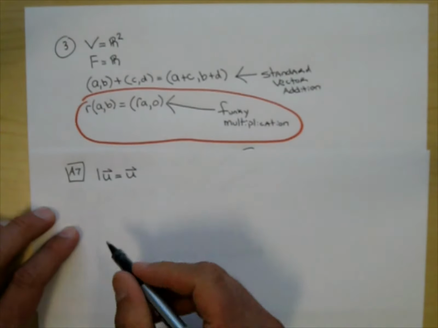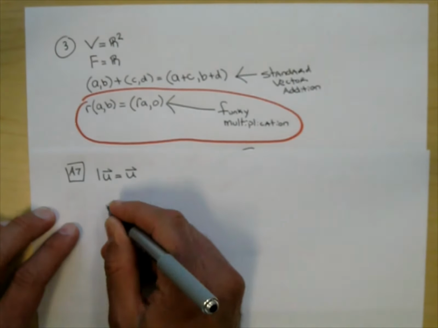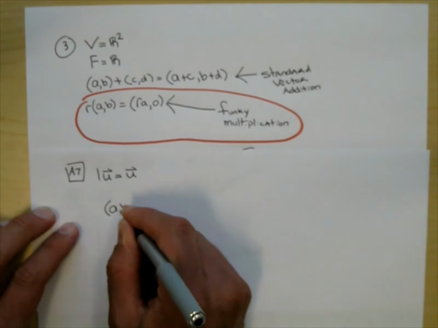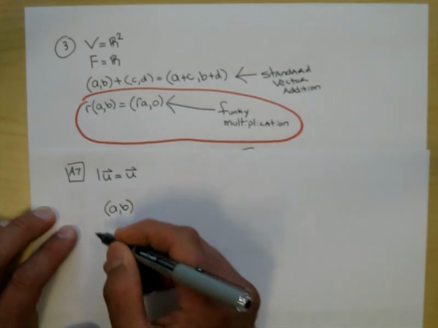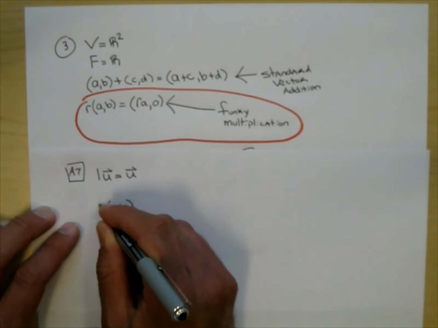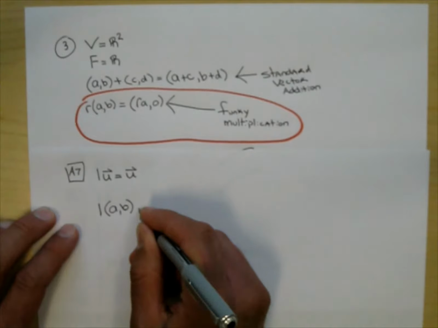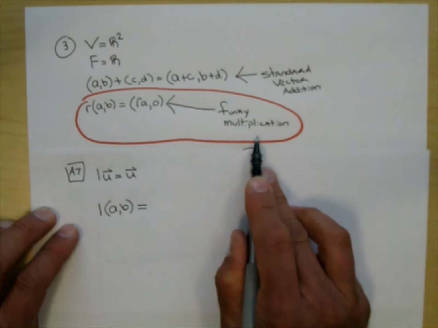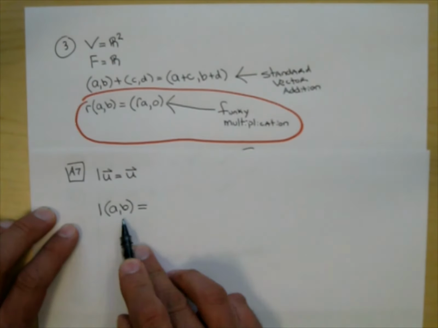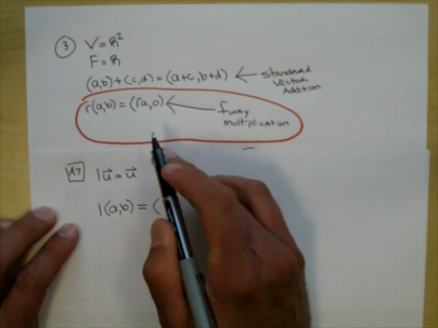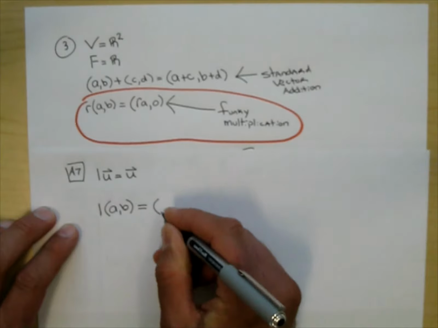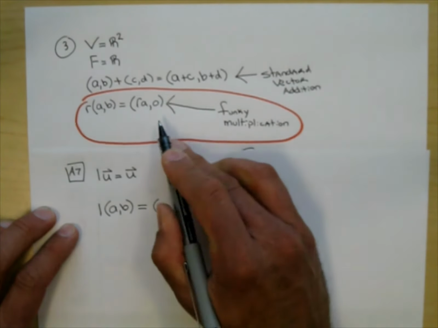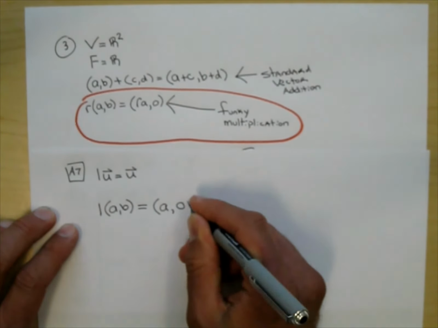We're going to take an element from R2, which we'll call (A, B), and go 1 times that. You want to say (A, B), but you've got to follow this funky multiplication. And 1 times (A, B) is actually going to be 1 times A, which is A, and then 0. It always has to be 0 there.